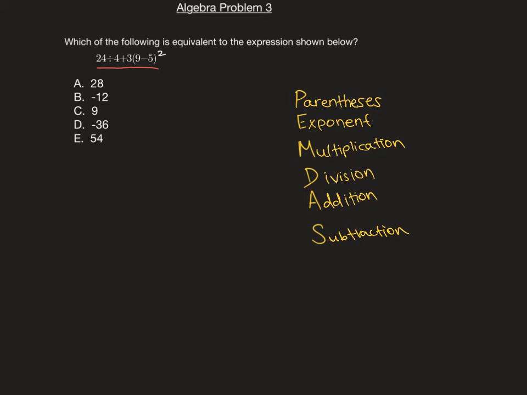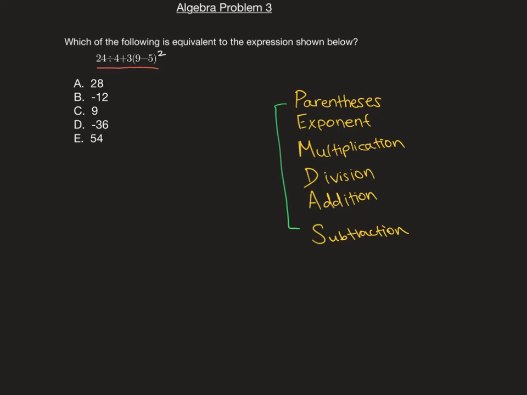PEMDAS is just the order that you have to go by when you're given this type of equation. If you go addition before division or addition before multiplication, you'll get the wrong answer. So you have to make sure that you're following the list correctly.